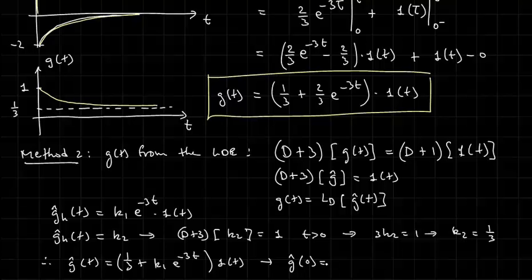One of the things is when you're looking at the impulse response, or asked, okay, here's a system, find h of t, it is assumed that it's a zero state response. It does not incorporate any other initial conditions. So since we're solving that same problem but now with a different method, we assume that g hat of 0 is equal to 0. And that leads to k1 must therefore be equal to minus 1/3.